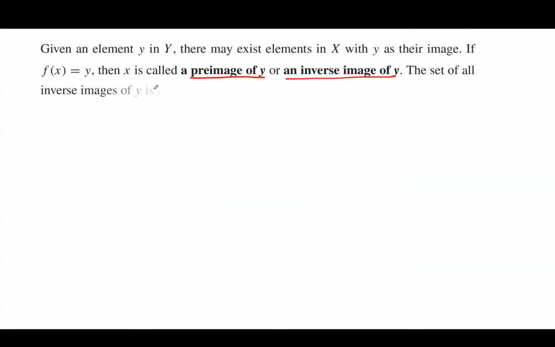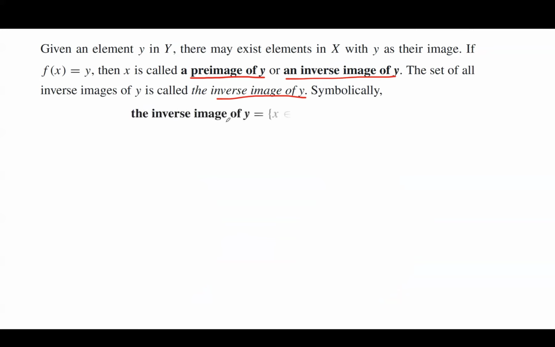The set of all inverse images of y is called the inverse image of the single value y in the second set. Symbolically, we write it this way: the inverse image of y is the set of all elements x in the domain such that f of x is equal to y.